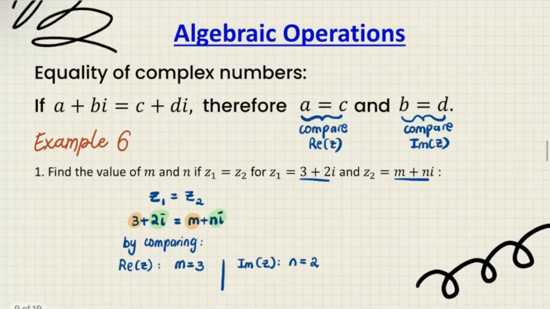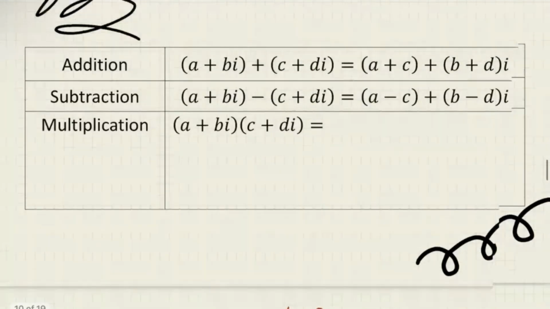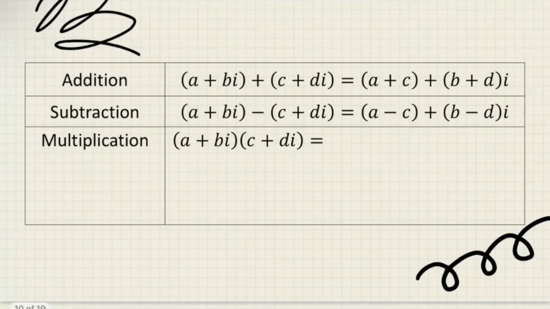Okay, now we go through, okay, this one, addition and subtraction. Sebelum example 1 tu ada addition and subtraction. Okay, addition senang. Addition sama juga, kita akan collect the like term. So maksudnya real part tambah dengan real part, imaginary akan tambah dengan imaginary. So for example, A plus BI plus C plus DI kan.